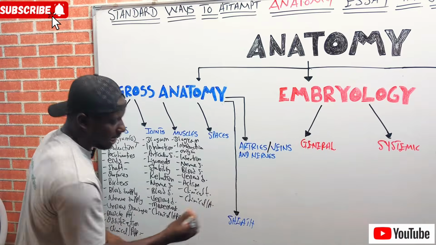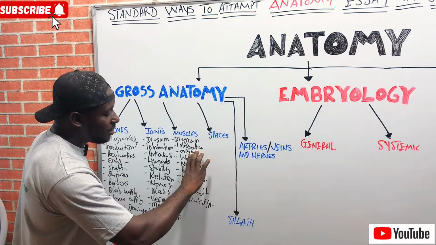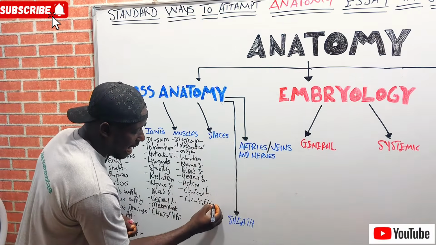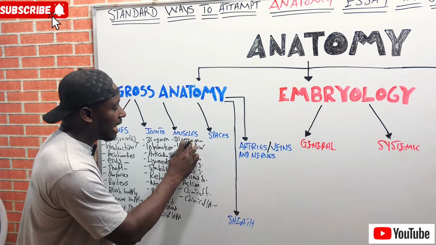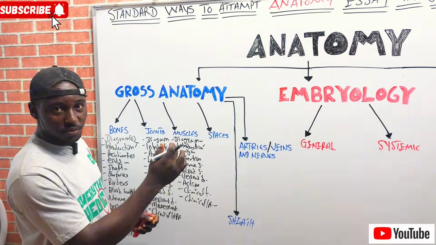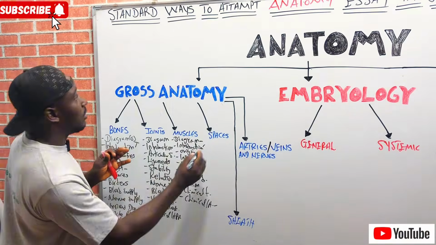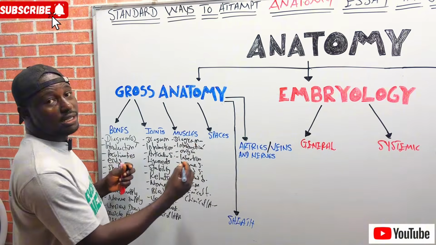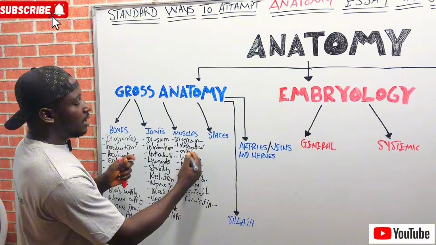I've said previously that you can disarrange the middle outlines, but do not disarrange diagram, introduction and clinical anatomy. Clinical anatomy should always come last, whereas diagram and introduction should always come first. In your exam, when you write this outline, you draw the diagram, and the next is the introduction.